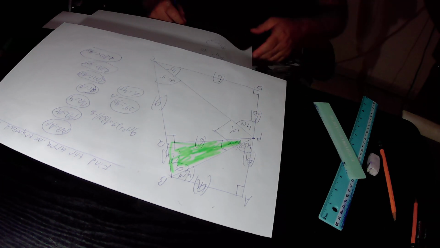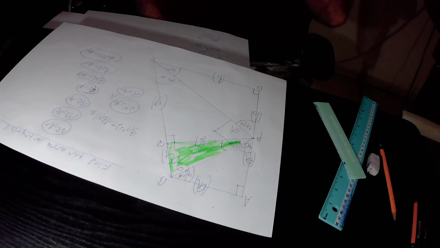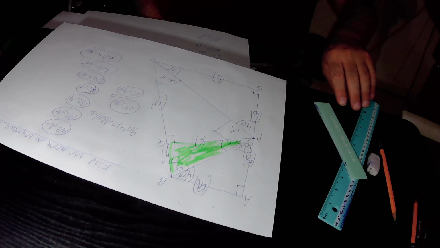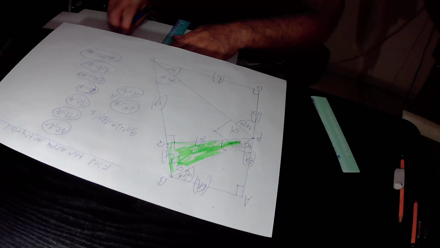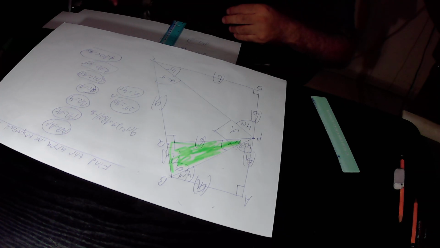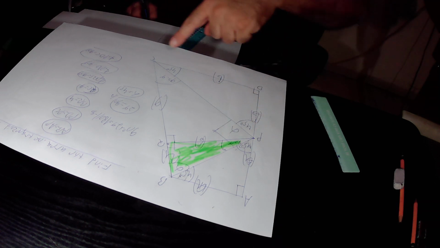In the next step, we implement the Pythagoras theorem on the big right triangle, triangle PBC.